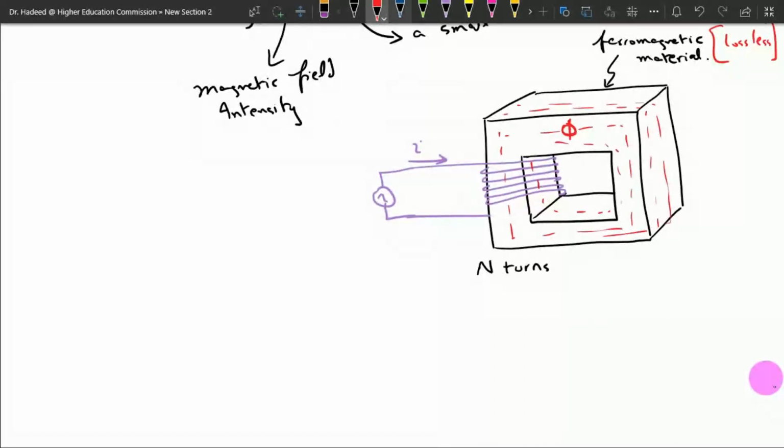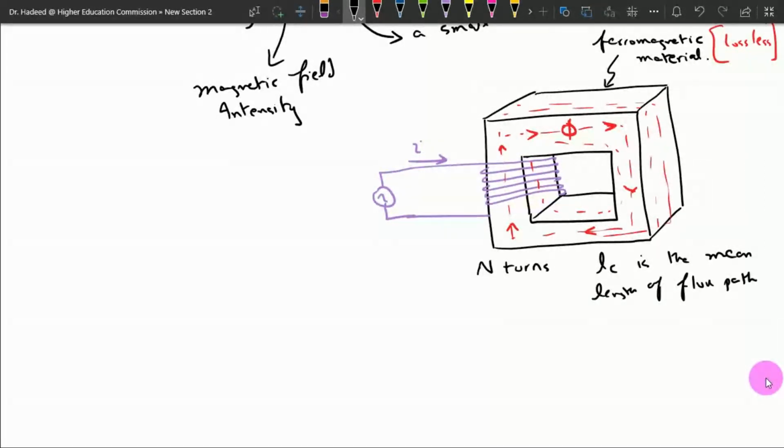To make things simple, let us say that this flux, which is generated in this direction based on the right hand rule, has a mean length of this LC. So, I say that LC is the mean length of the flux path, right?